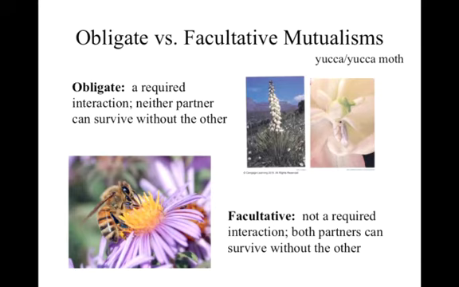And so that means the honeybee does not require asters for survival. It benefits from asters, it's getting some of the stuff it needs, but you could substitute that with any other plant and it'd be doing just fine. Not any other plant, but most other plants. Same thing with the aster. Asters get pollinated by a lot of different insects, honeybees included, but if you removed all the honeybees, asters would be just fine without them.